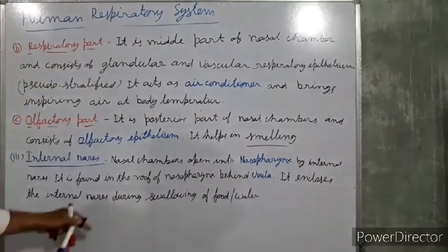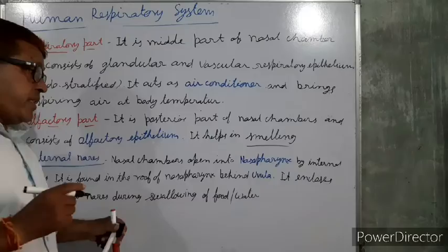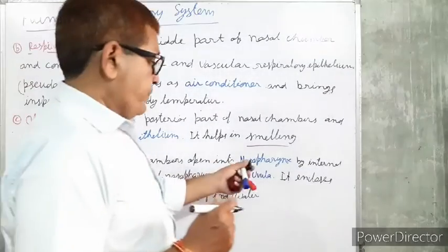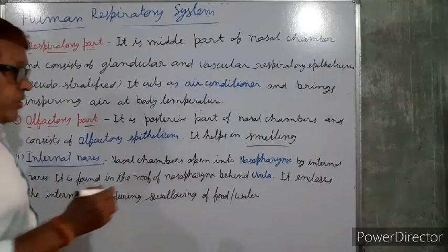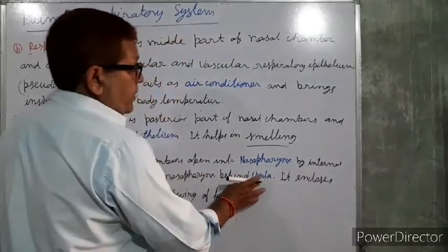So the water and food cannot enter inside the internal nares, because of the presence of the uvula.